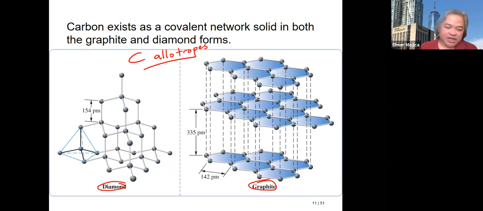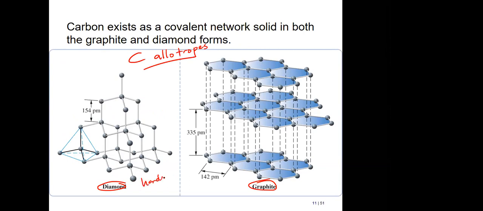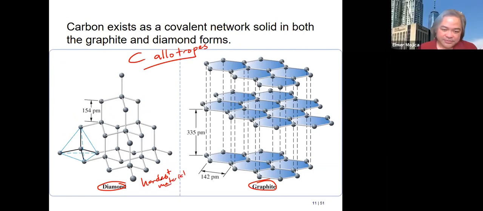Diamond is the hardest material based on the Mohs scale. Your graphite is what? You use it in your pencil. The so-called pencil lead is not really lead, it's made up of graphite. So see the properties that you have there: the hardest material compared to one material that is soft.